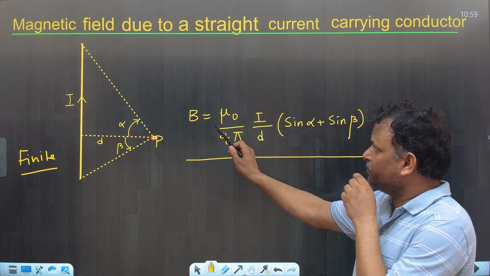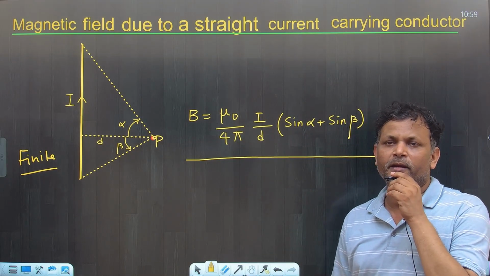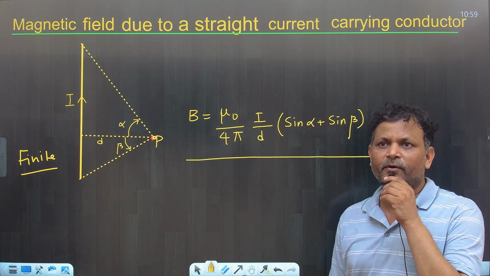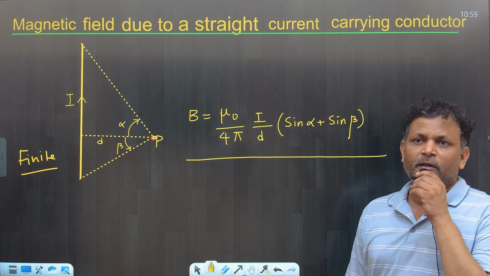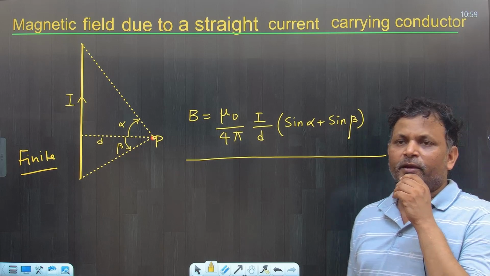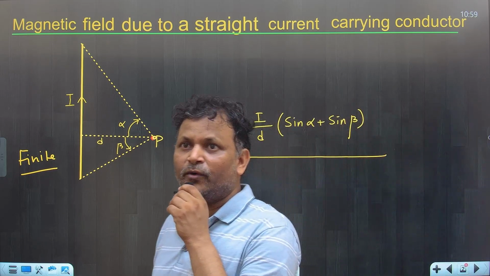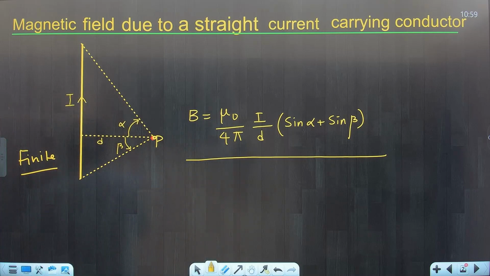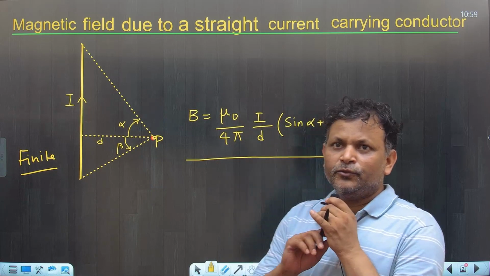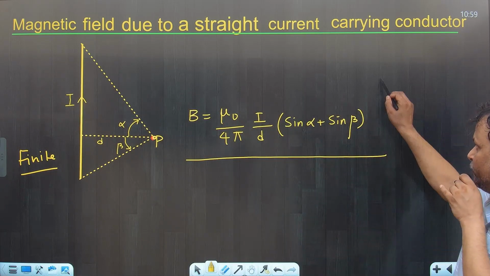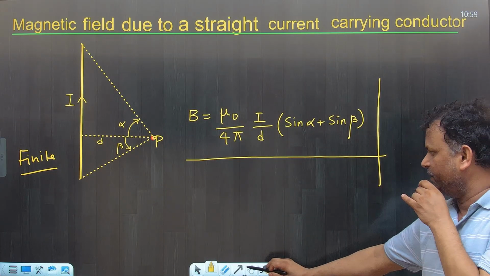So the formula is B equals mu naught by 4 pi, I by D, into sine alpha plus sine beta. This formula is very, very important, and it is very important to understand what is the meaning of D, what is the meaning of alpha, and what is the meaning of beta. So let us learn what D, alpha and beta are.